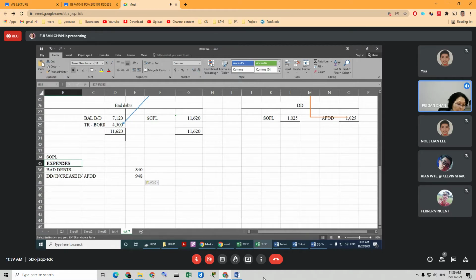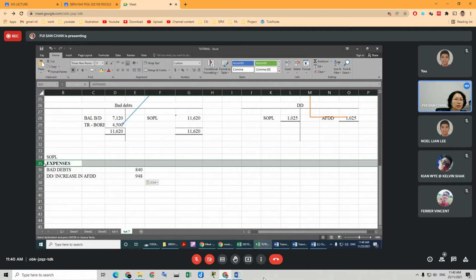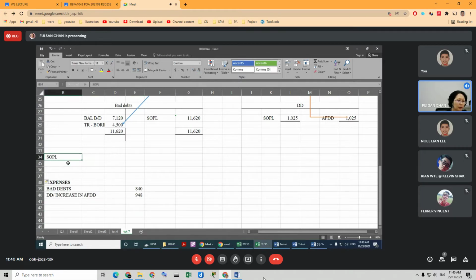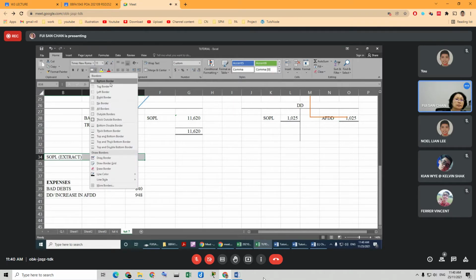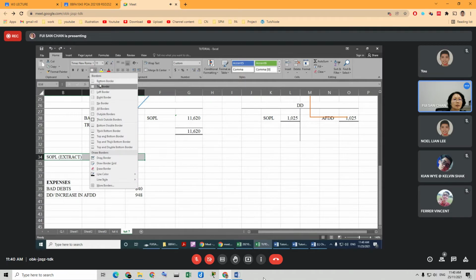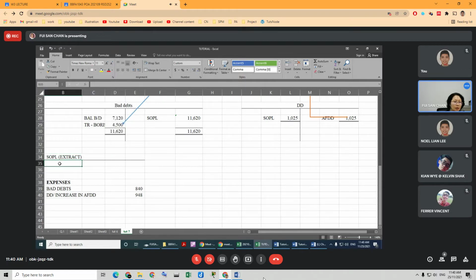Okay, SOPL, right? Now SOPL, we know that we have income, right? So SOPL extract now. So if extract, then we just do the part that we have the number. So it is underline. So, okay. So you put here income, right? Then we put what?